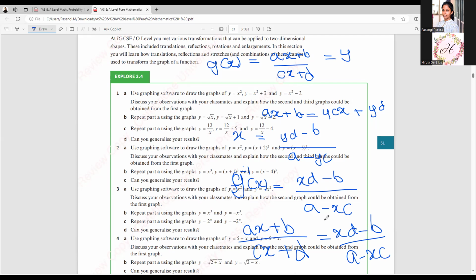Or else, rather than doing cross multiplication, what can we do? So here we have ax, right? Then here also we have ax terms.